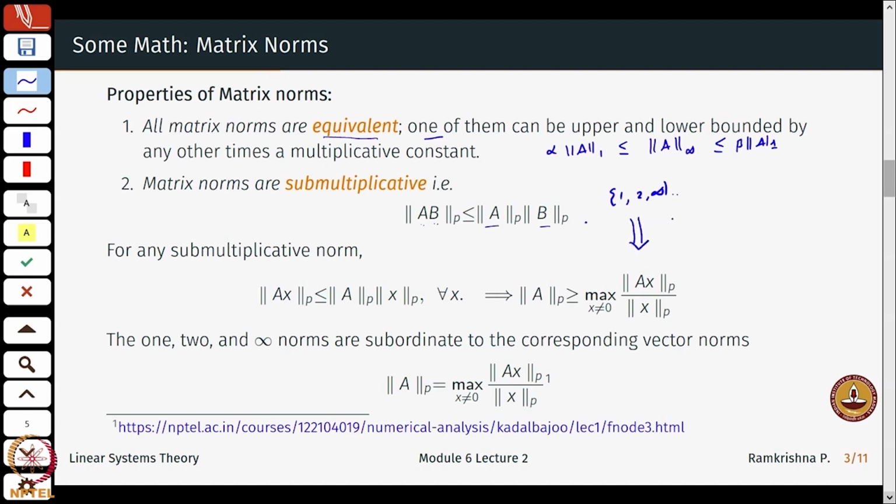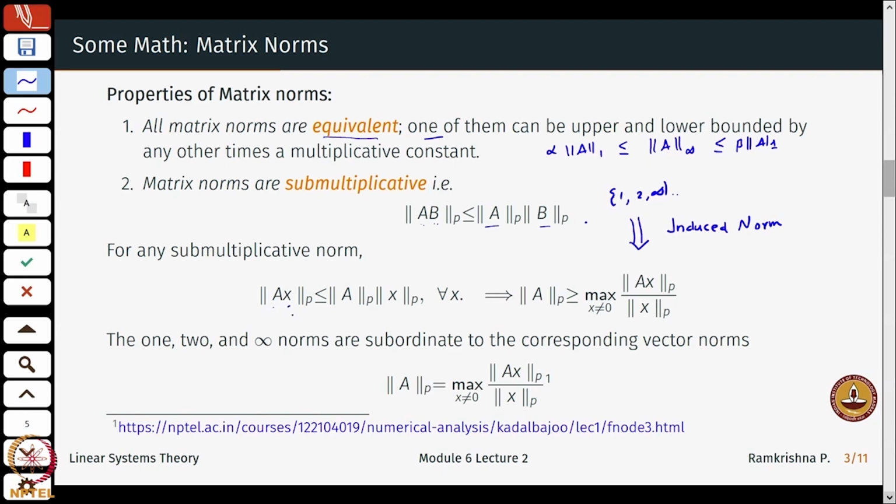From the property of submultiplicativity, we can define what is usually referred to in the literature as the induced norm. I will quickly run you through what this could mean. For any submultiplicative norm, here A is a matrix, X is a vector.